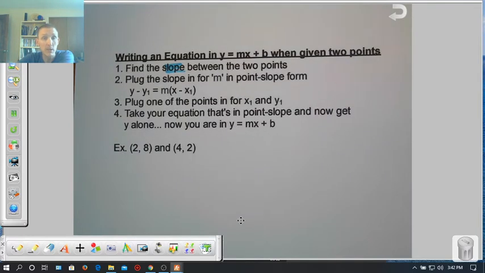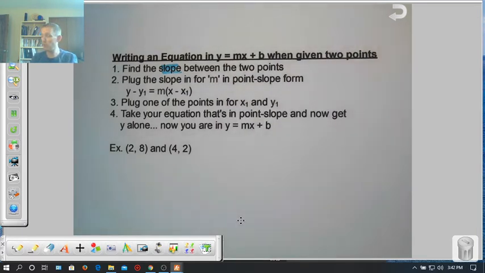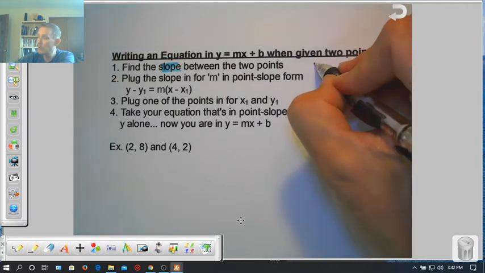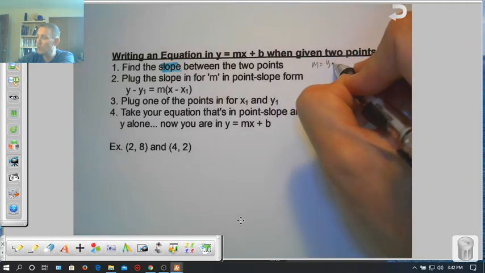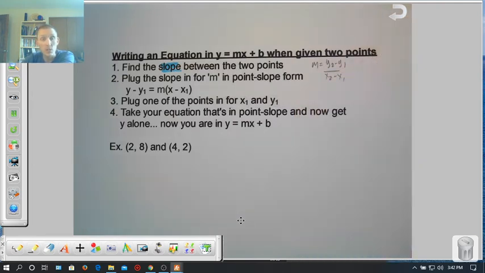Sometimes you'll be given the slope, and sometimes you're going to have to figure it out yourself. Now, if we need to find the slope and we have 2 points, then we need to remember that the slope formula is y2 minus y1 over x2 minus x1. So we're going to need to use that in order to find our slope.